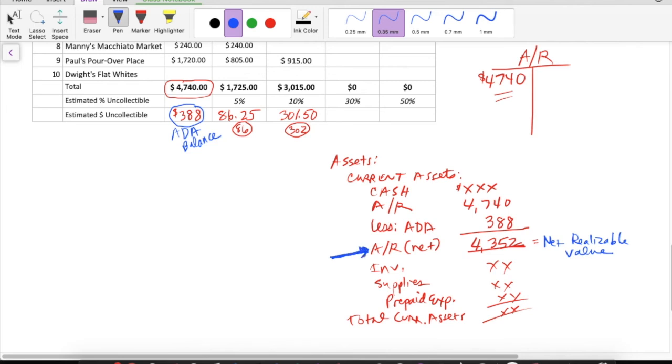They only report the accounts receivable net of the allowance on the face of the balance sheet. Oftentimes, companies will give more information in the notes to the financial statements, but right on the face, typically we're just going to see the one line.